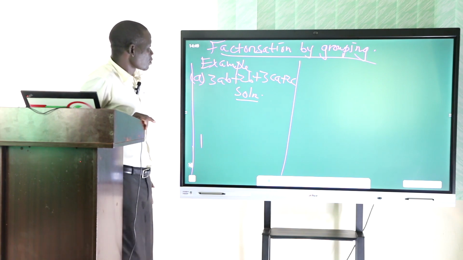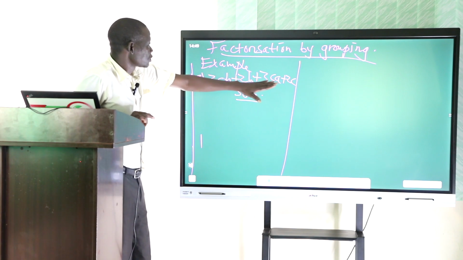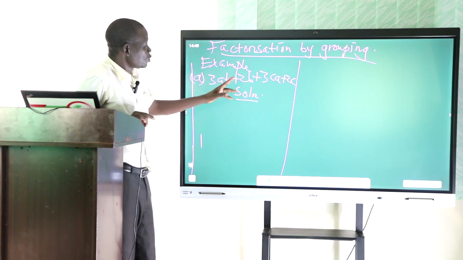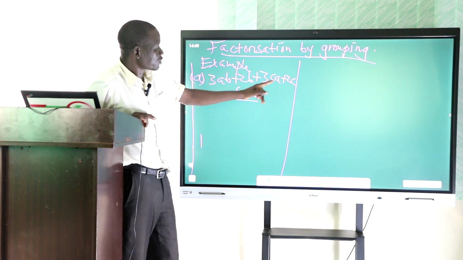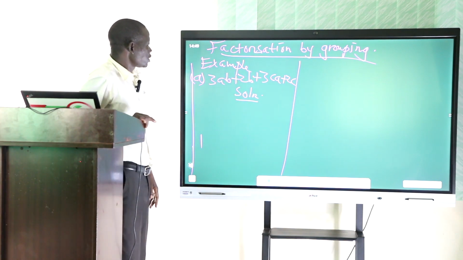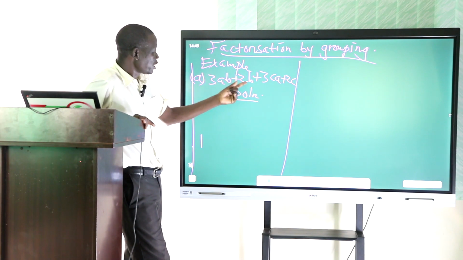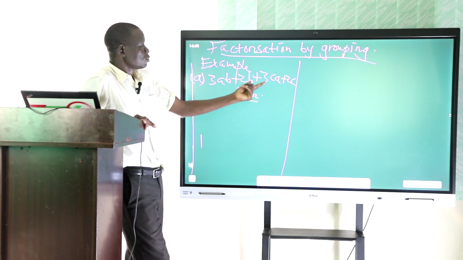So in this case, when we look at these terms here, 3AB plus 2B, then 3CA plus 2C, we can see that between 3AB and 2B, B is similar.